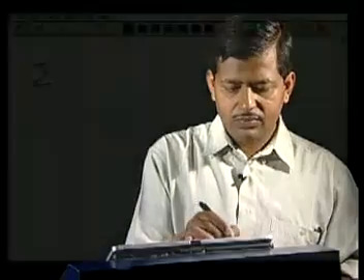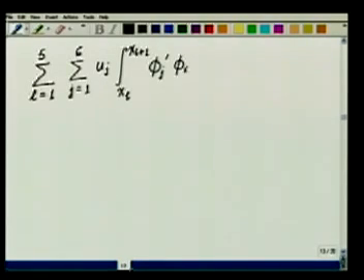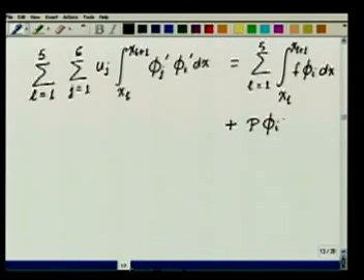We will get the sum over L equal to 1 to 5, summation over j equal to 1 to 6 of Uj integral xL to xL plus 1 of phi j prime phi I prime dx is equal to the summation over L going from 1 to 5 of the integral xl to xl plus 1 of f phi dx plus P phi evaluated at the point x equal to L.